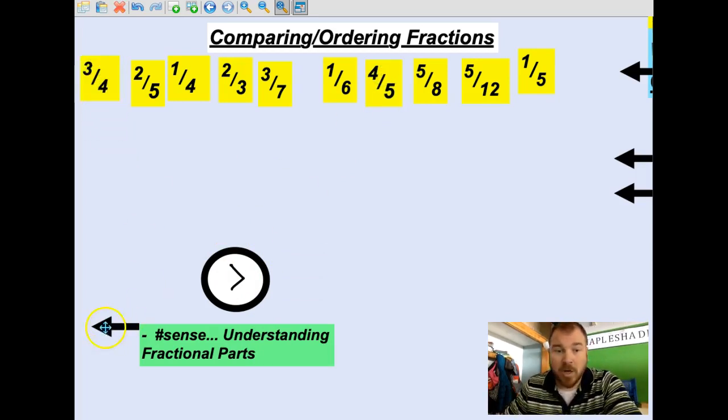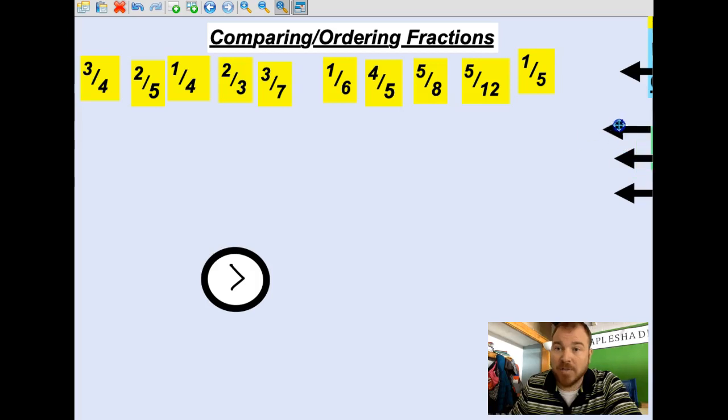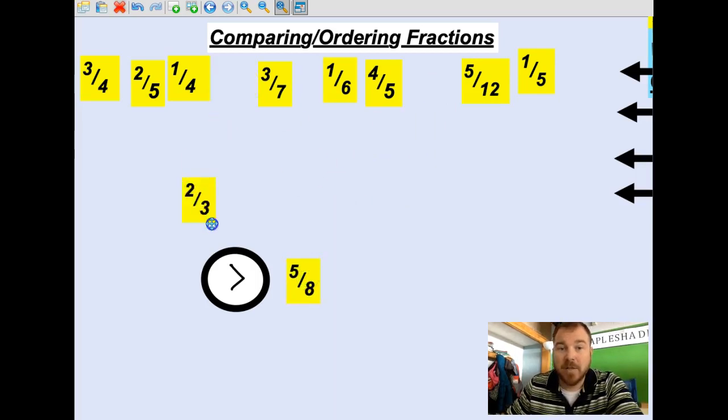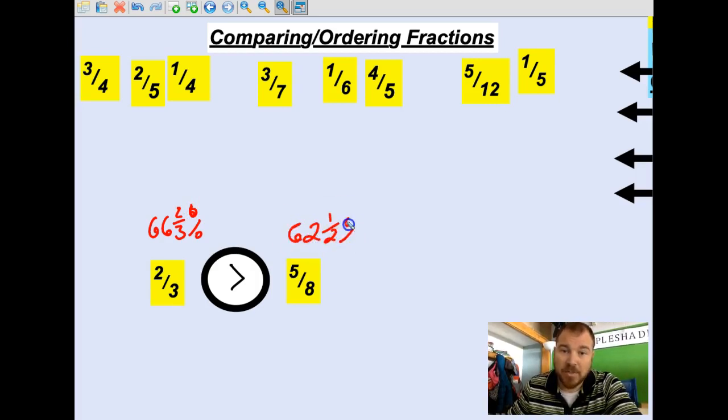Sometimes, especially in our class, we've talked a lot about fractions and decimals and percents and how they're all the same thing. So if you know for sure your fractions and decimals and percents, I could know for sure that 5/8 is less than 2/3. Now, I gotta really be up on my fraction and decimal and percent equivalents to know that this is 66 2/3%, and this is 62.5%.